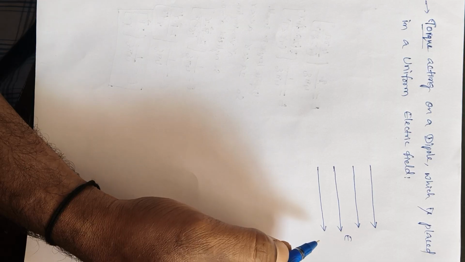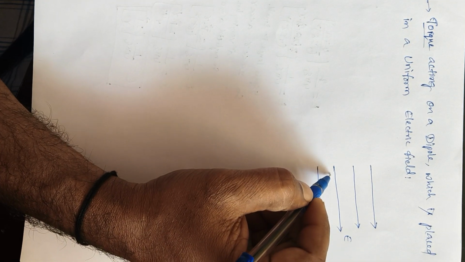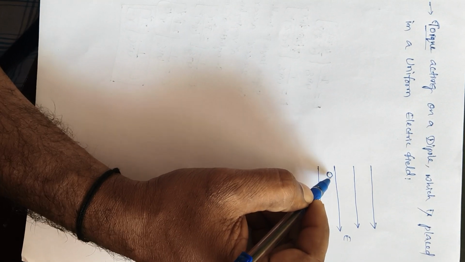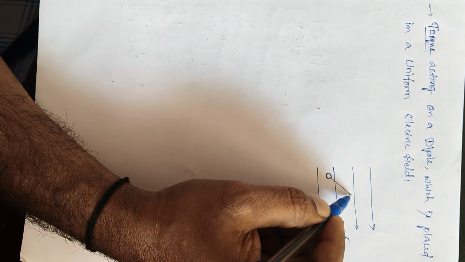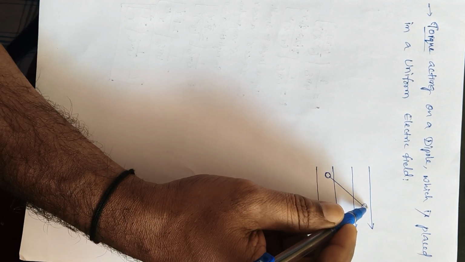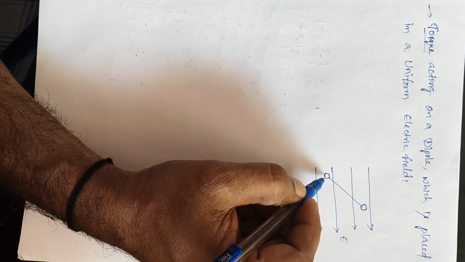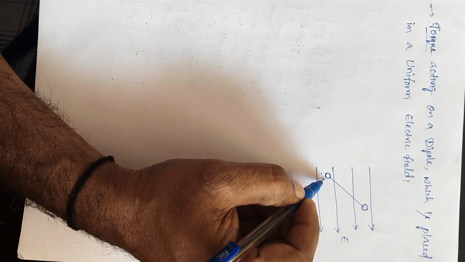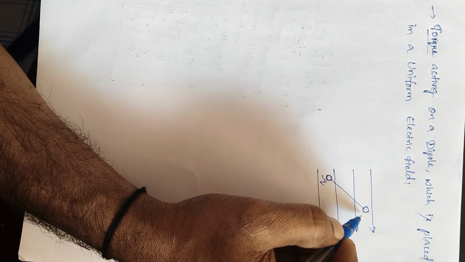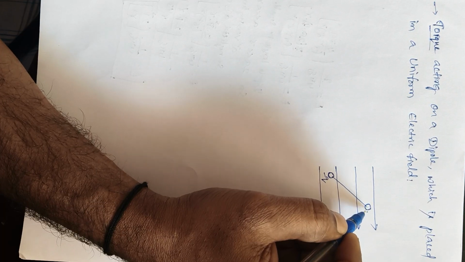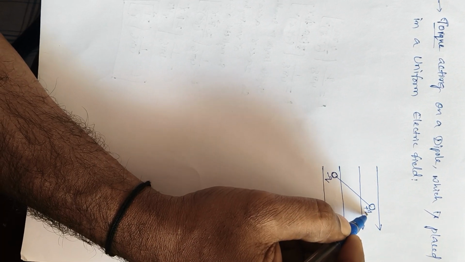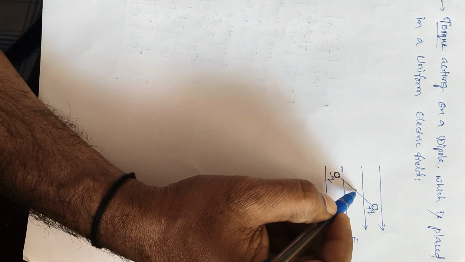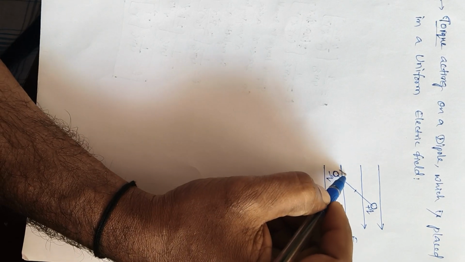So now, consider a dipole. Dipole means what? Last class we already learned. A dipole is a set of two equal and opposite charges, minus q and plus q, which are separated by a distance 2a.